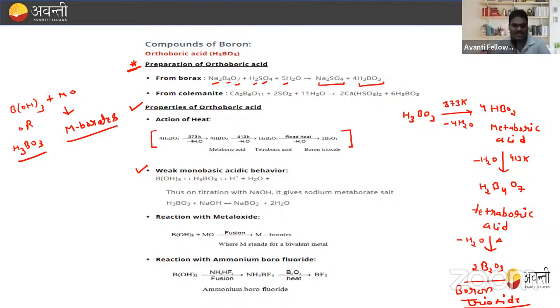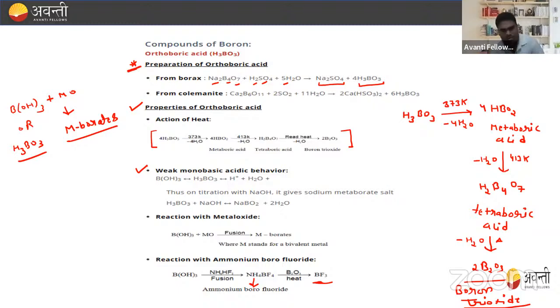So this is what we'll get in the reaction of the metal oxide with orthoboric acid. Next, the reaction with ammonium borofluoride. When orthoboric acid is heated in the presence of NH4HF2 fusion, it will convert into ammonium borofluoride.